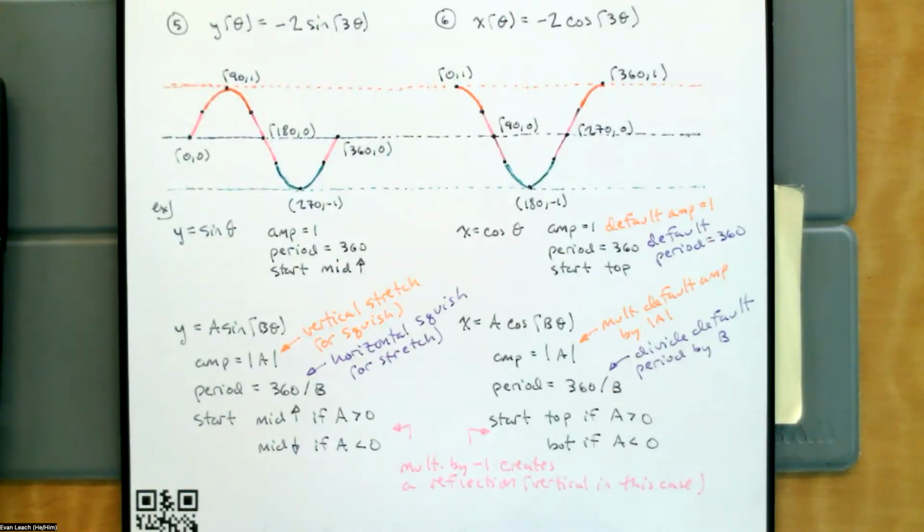But if A is negative, we flip that over. We reflect the entire graph vertically. We're producing a vertical reflection when we multiply by negative 1. So if A is negative, sine starts at the middle going down. If A is negative, cosine starts at the bottom.